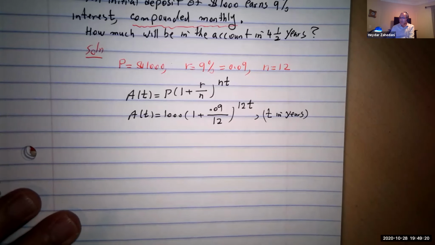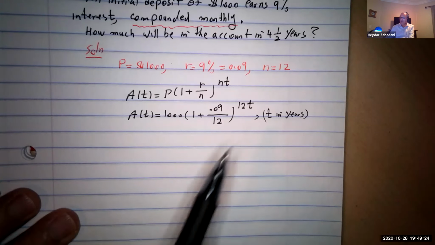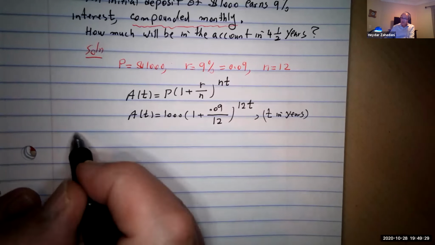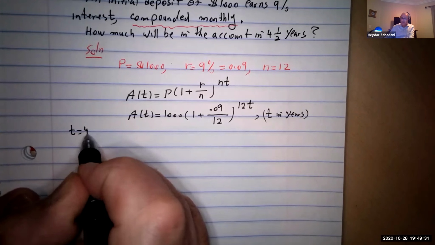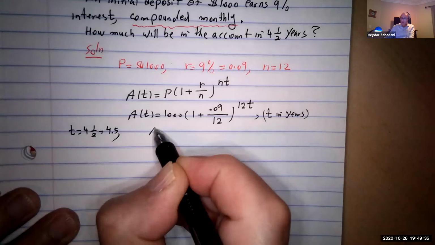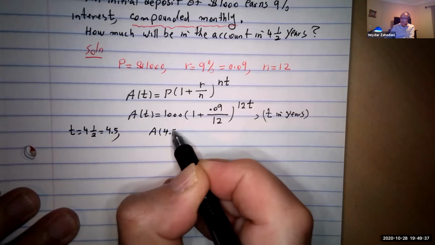Then what you have is you wanted to find out after 4.5 years. So t is equal to 4.5. Write down 4.5, and then you are going to find A of 4.5.